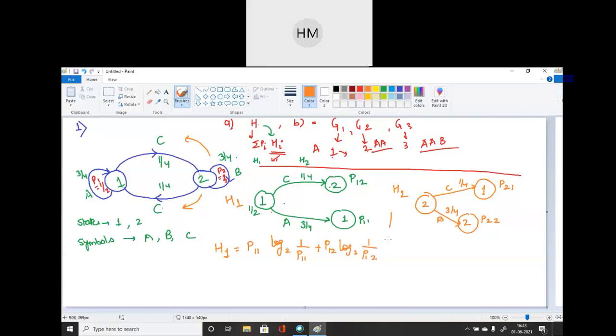This is to find H1. To find H2, I will write the formula. P21 log 2 1 upon P21 plus P22 log 2 1 upon P22. Clear? So please student find out this probability and give me the answer. I am waiting for the answer.